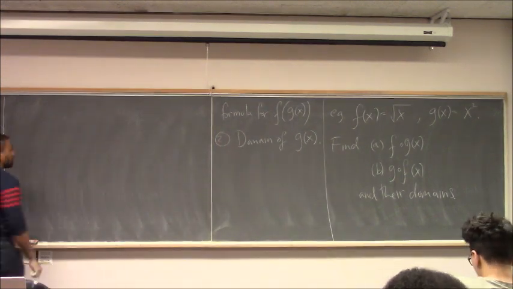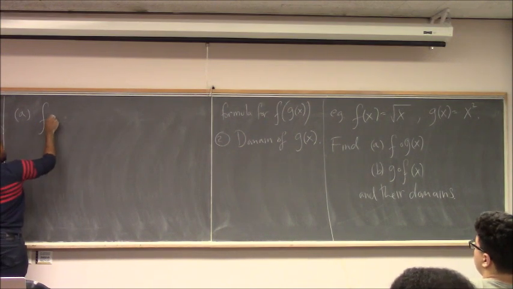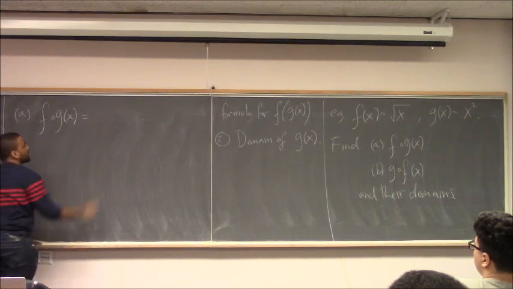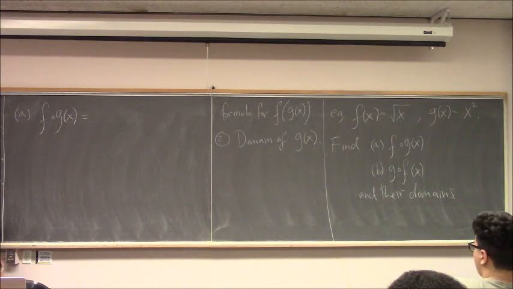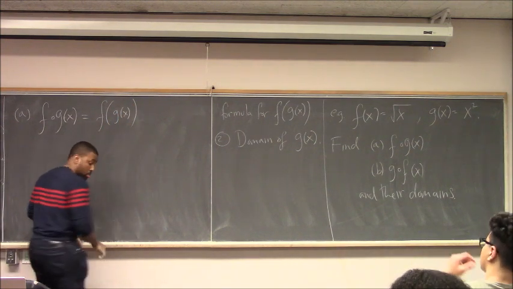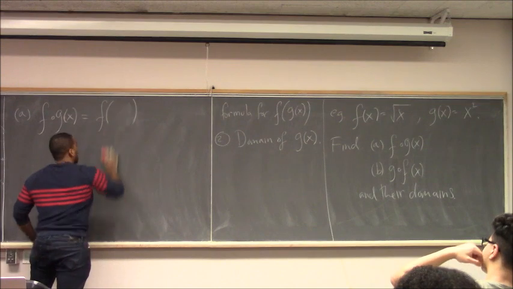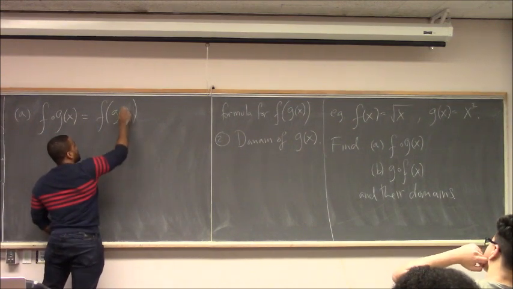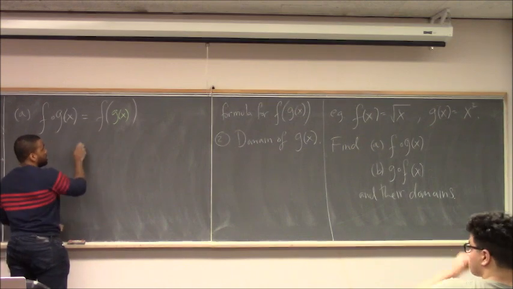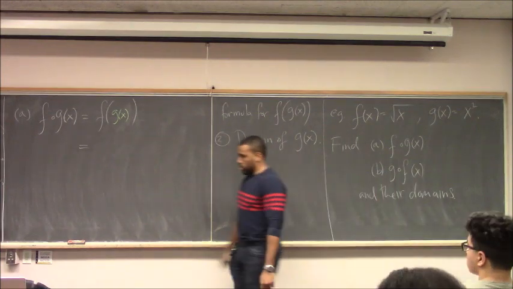Okay, so first of all, A, what does f of g of x look like? Right, so this is f of g of x, and remember what that means. That basically means you go to the function f, and wherever we see x, we're going to replace it with g of x.